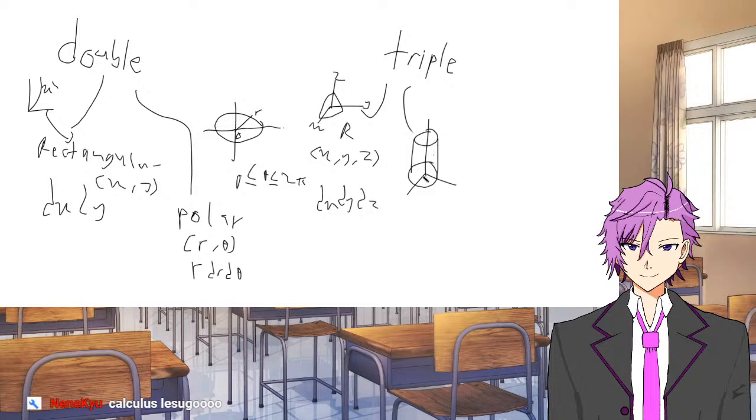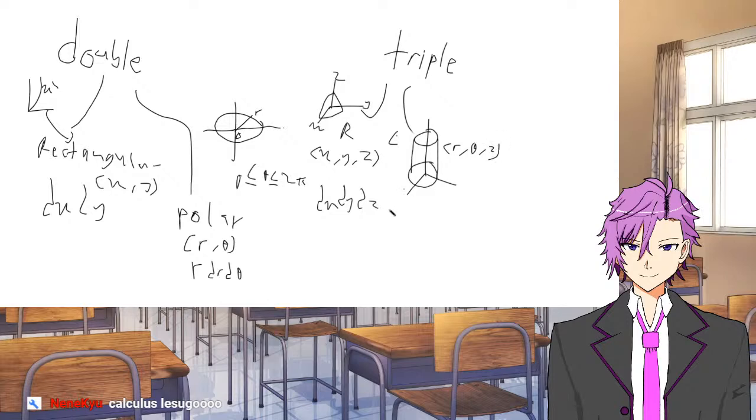The coordinates here are still like polar, but you have a z up top. So we call this cylindrical coordinates: r, theta, z.